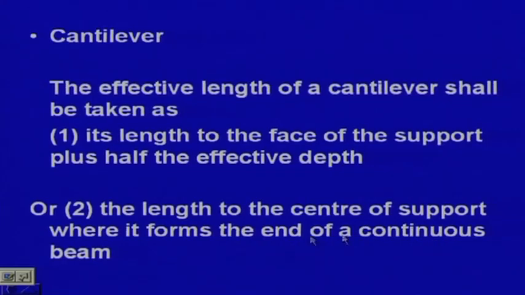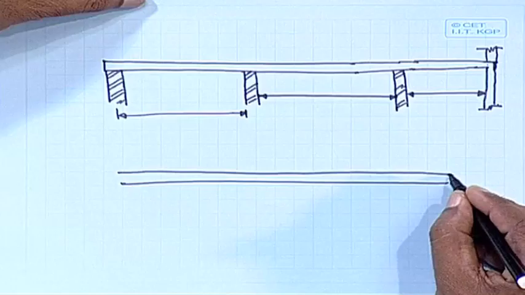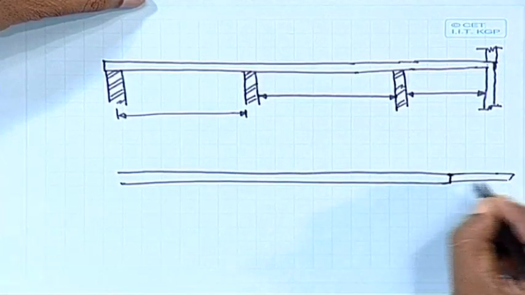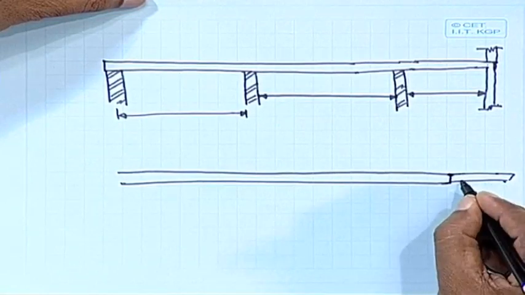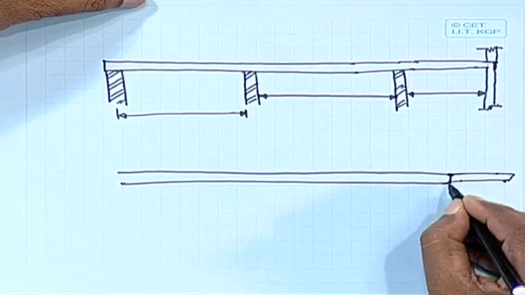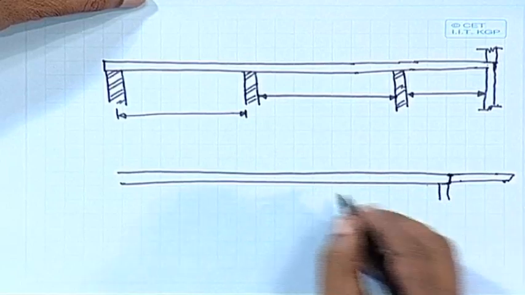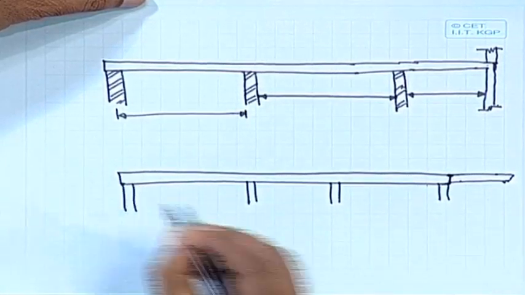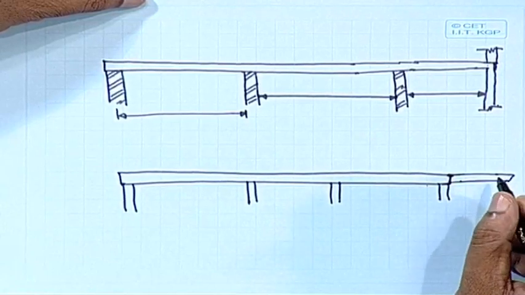So, when it is a continuous beam, that means, here if we take a problem like this, in this case what will happen, we shall take this portion as a continuous beam, and at the end we are talking about a slab.